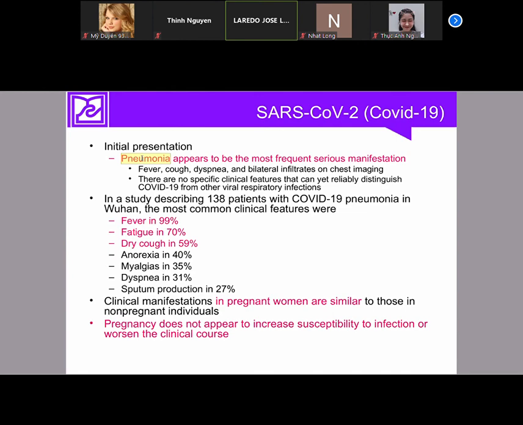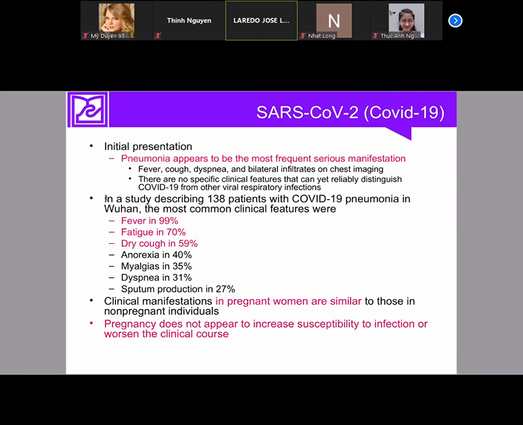So maybe we are not sure, because it's very early to know, but maybe the severity of the disease is related with immune response, maybe. That is what happened with the SARS 18 years ago. Anyway, this is a viral pneumonia, and it's very difficult to differentiate from other viruses.